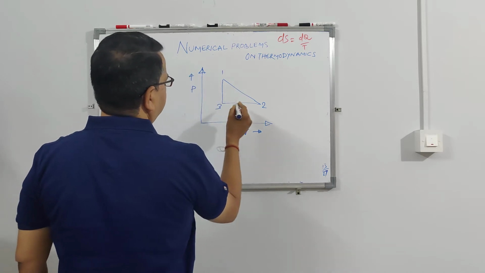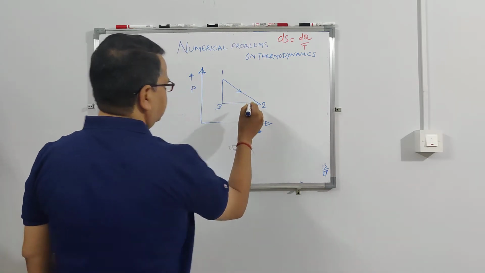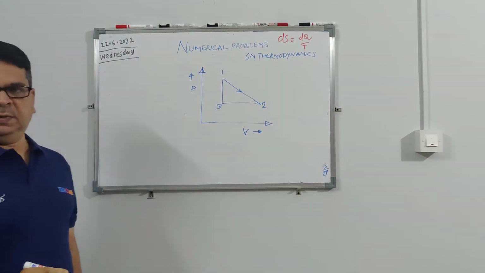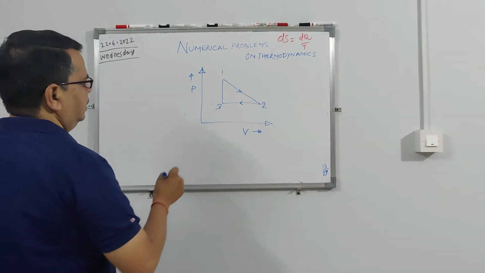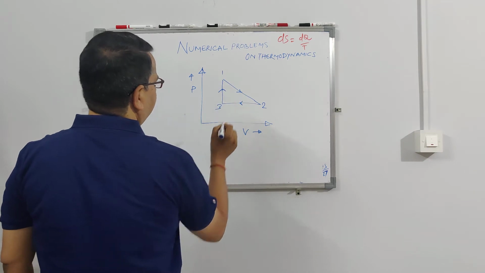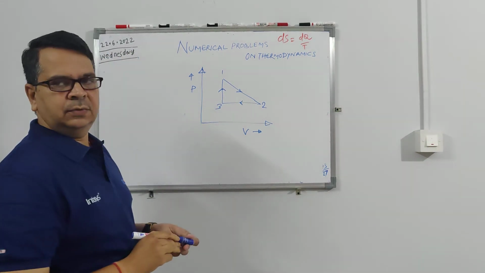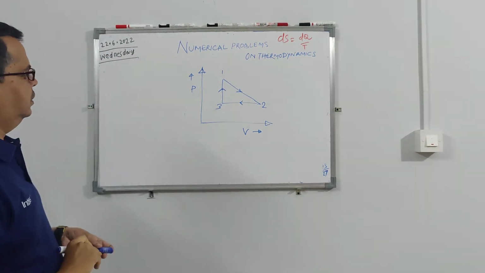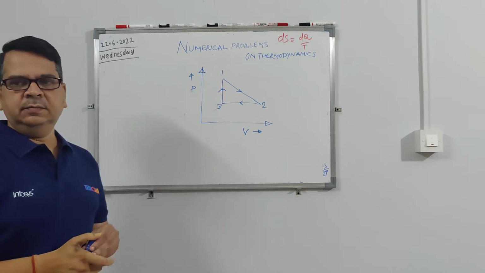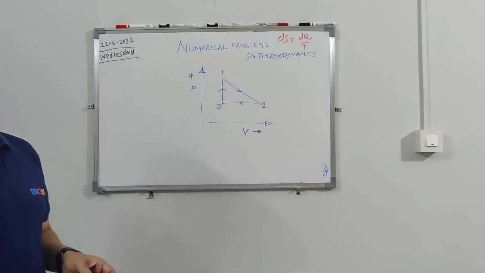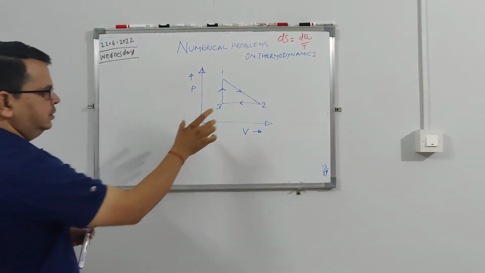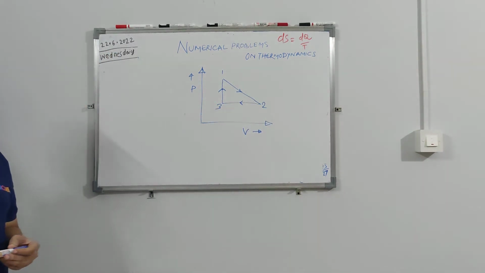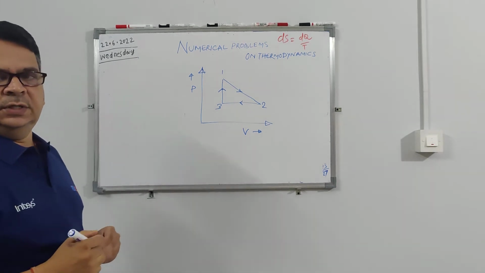Going from 1 to 2 means it is expanding. Going from 2 to 3 means it's compressing, and going from 3 to 1 means it's a constant volume. The pressure is increasing and volume is remaining constant. So this is isochoric and this is isobaric. Pressure remains constant is isobaric; volume remains constant is isochoric.